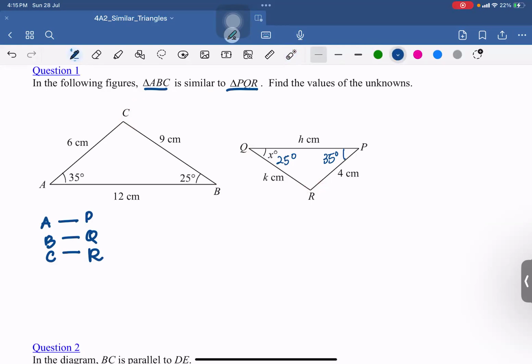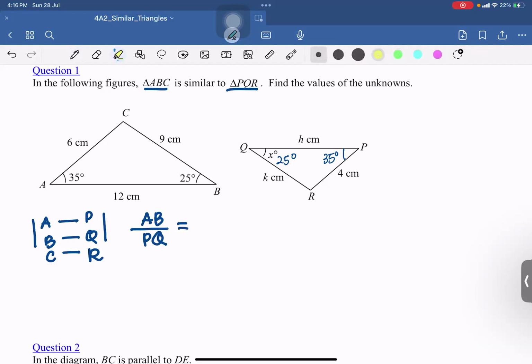Once they have a matching, you match the different sides. What you can do now is write down the ratio of the corresponding sides using the matching lengths. Let's say I have the ratio of AB. AB will match with the side PQ, and this ratio is the same as another matching pair.